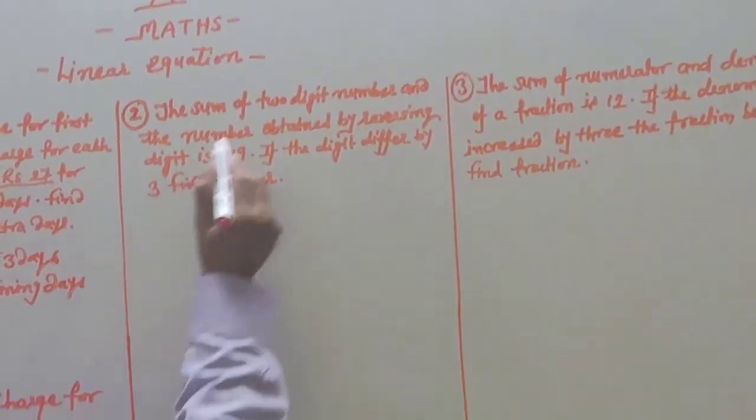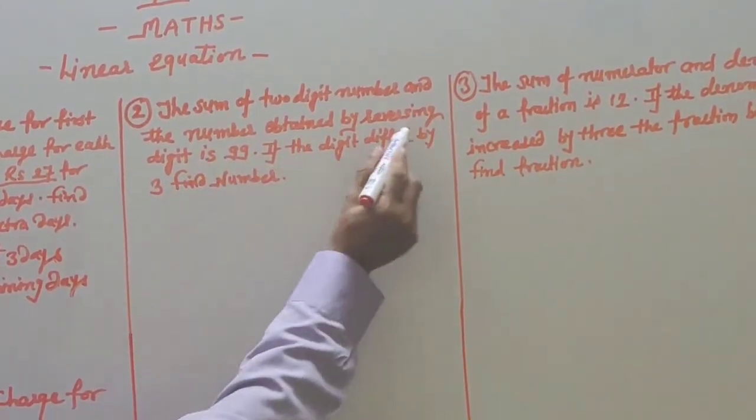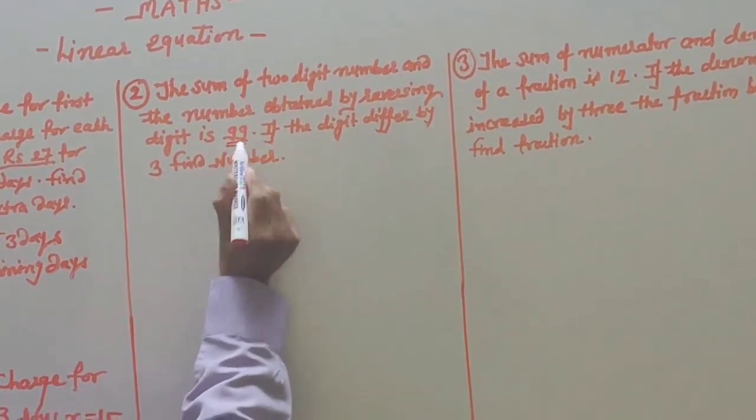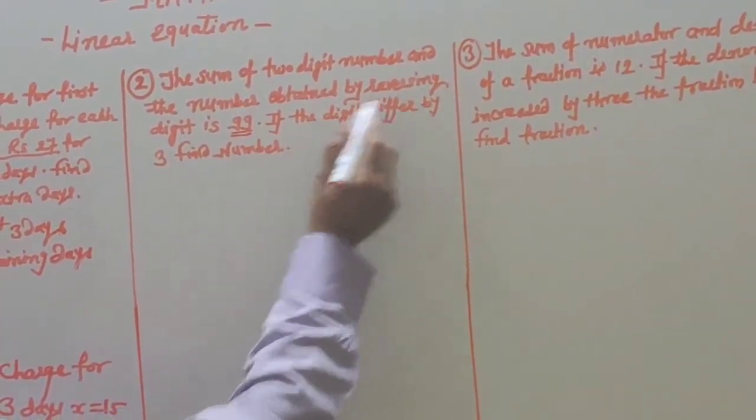The sum of a two digit number and the number obtained by reversing the digits is 99, and the digits differ by 3.